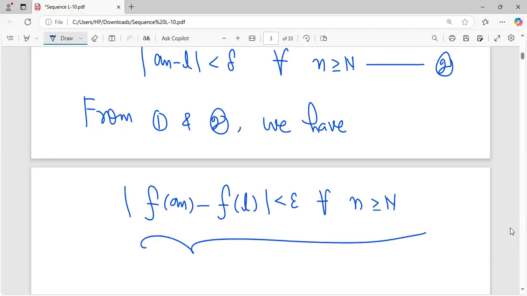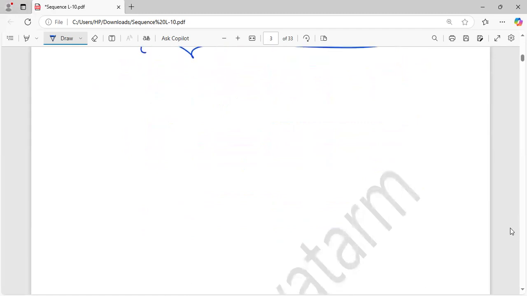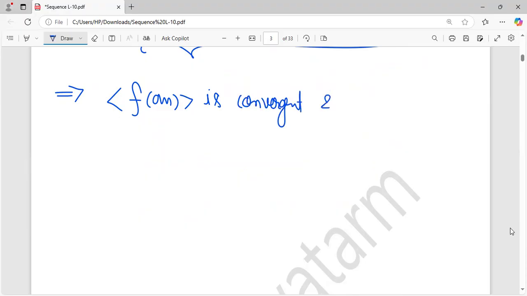The meaning of this is f(a_n) is convergent and the limit of this sequence is equal to f(L). Okay, so this is proved.